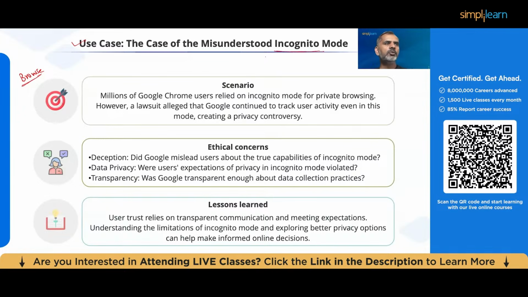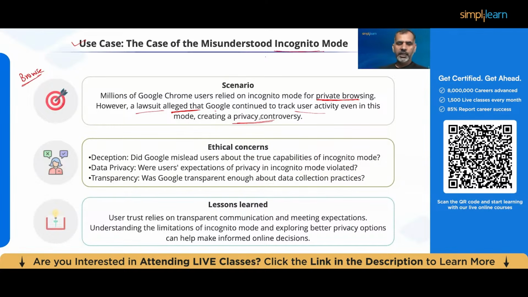That is one scenario. Millions of Google Chrome users relied on incognito mode for private browsing. That is what we use it for, so that our private information is not shared over the browser: the location, the passwords, the personal history, nothing is going to be shared. We rely on incognito mode for that. However, there has been a lawsuit alleging that Google continued to track user activity even in this mode, creating a privacy controversy.